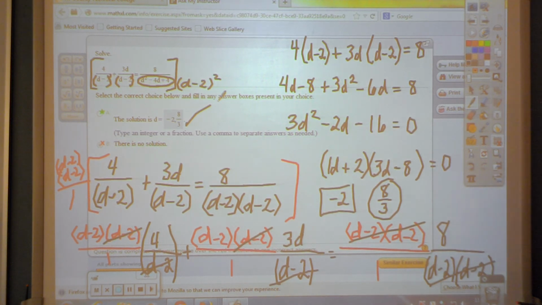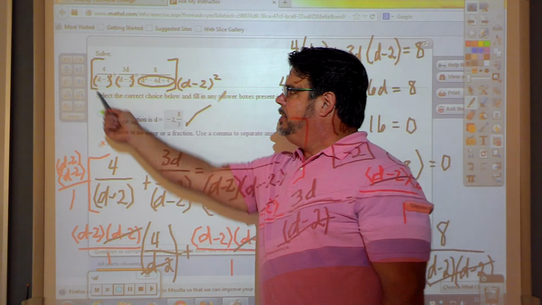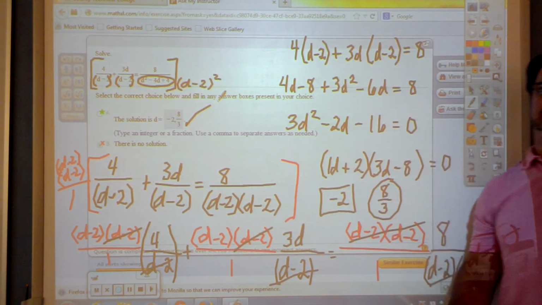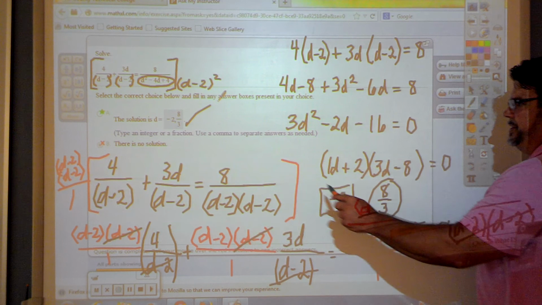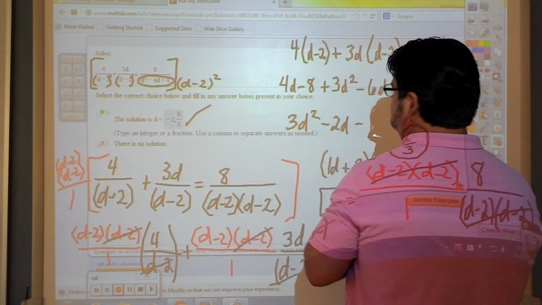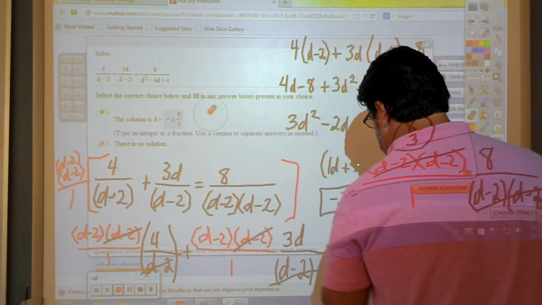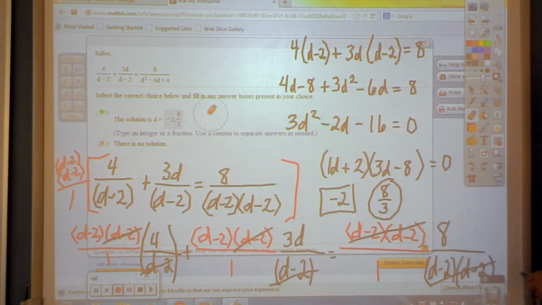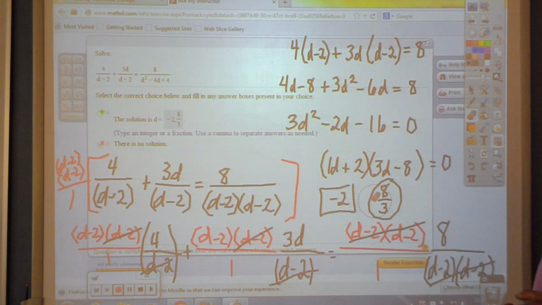What do you have to do when you have a fractional or a rational equation? What do you have to mentally do after you get your solutions? Plug it into what? The denominators, to make sure you don't have a 0. And that's what I did. When I got these two answers, I didn't say that's the answers. I just circled them, and then I checked: negative 2 minus 2, that's negative 4, that's okay.